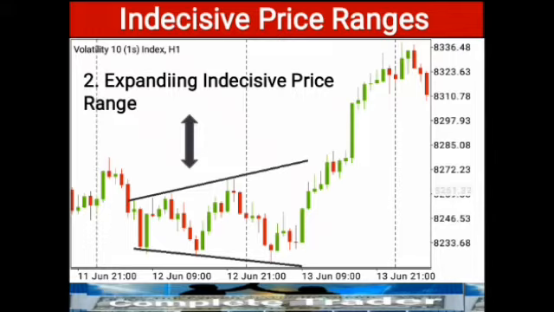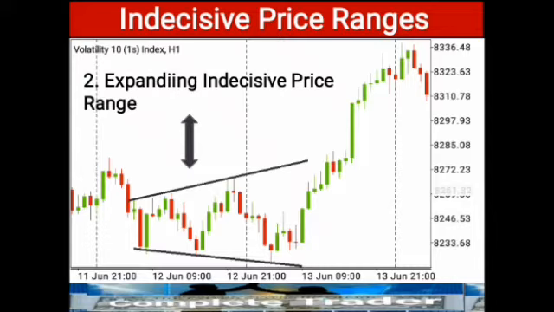All right. So we've dealt with decisive price range and indecisive price range. Decisive price range, like I said before, is very clear as to what the market is going to be doing. The market moves strongly from point A to point B, and that is a clear indication of what the market is most likely to do.